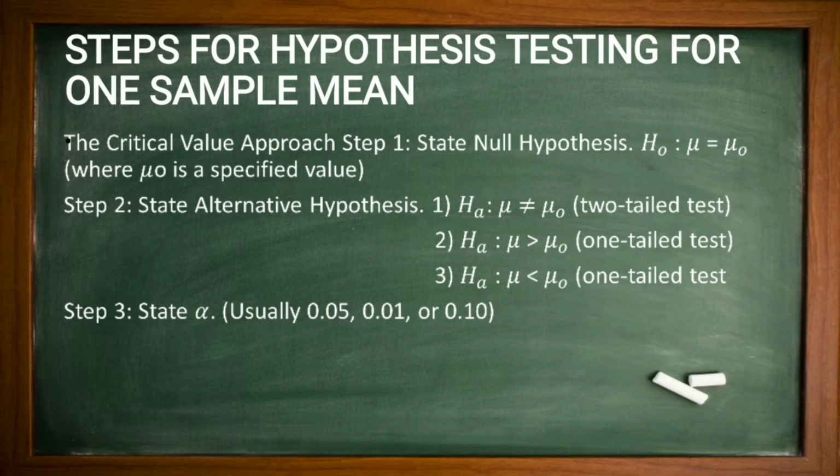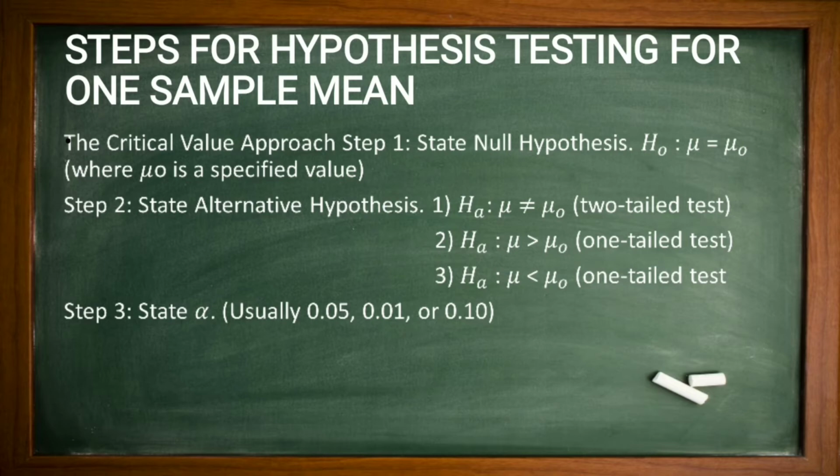Okay, so next, step 2, state the alternative hypothesis. Here we have three. Number 1, H sub A, our alternative hypothesis, colon, our population mean, and we use the not equal sign and then the hypothesized mean. That is our two-tailed test, because we used not equal. Number 2, the alternative hypothesis, colon, the population mean, greater than the hypothesized mean.